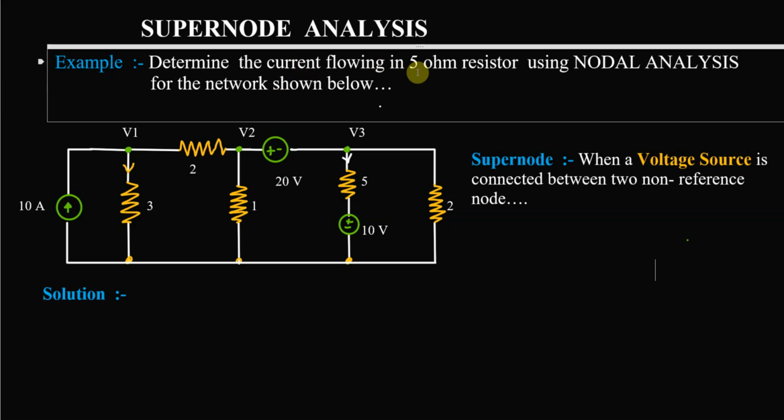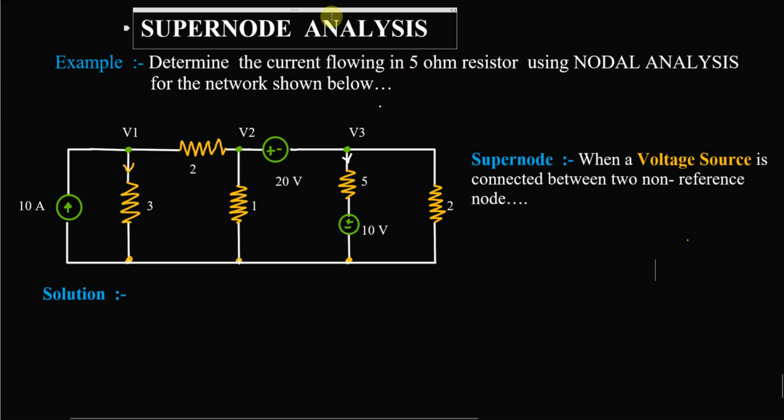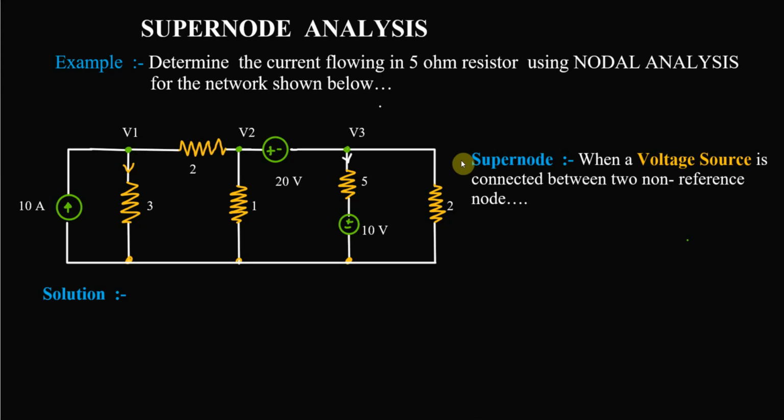Before understanding the solution of this example, we have to understand what is meant by the supernode. A supernode is when a voltage source is connected between two non-reference nodes. If you see in this example, this is one node and this is another node.